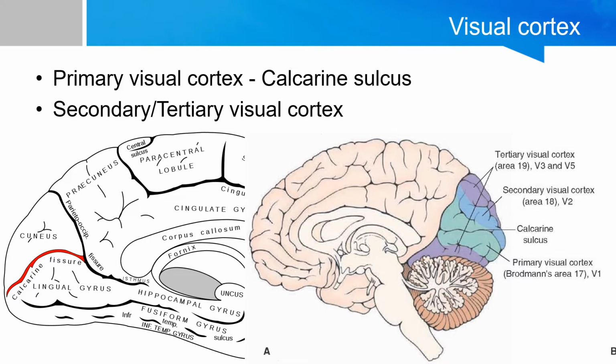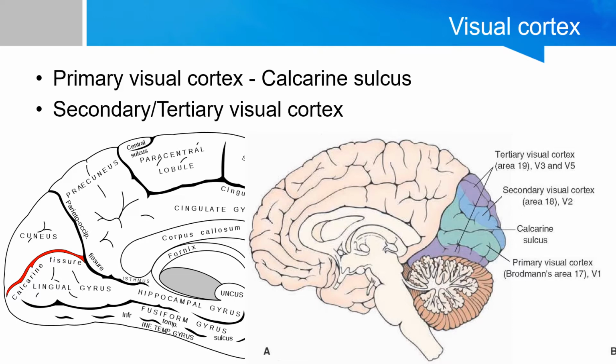The primary visual cortex is located in the calcarine sulcus, and more precisely it is located in the medial surface of the occipital cortex, in the depth of the calcarine fissure. It extends as far posterior as the occipital pole and as far anterior as the parietal occipital sulcus.